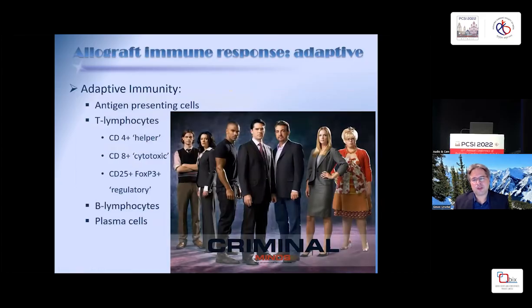The adaptive immune system is much more comparable with a joint group of criminal investigators. It has the T4 helper cells as kind of the mind and central organizers. It has the antigen-presenting cells that provide the background information. It has the effector cells, which are the CD8 cytotoxic cells, and the B cells that produce antibodies.